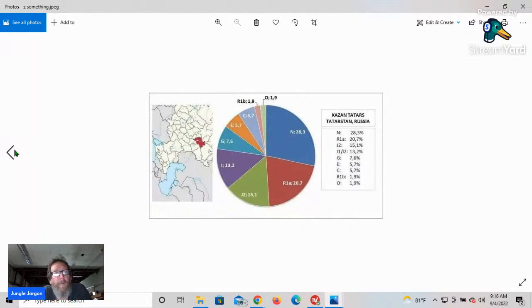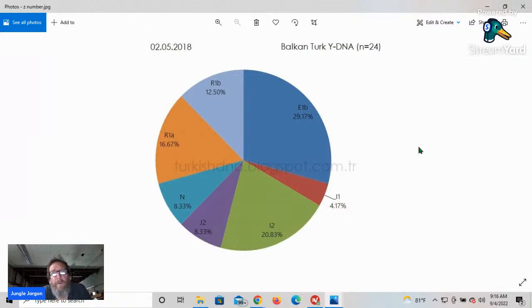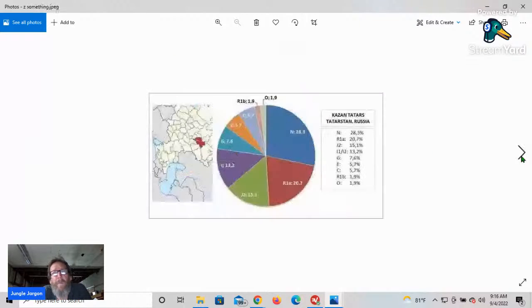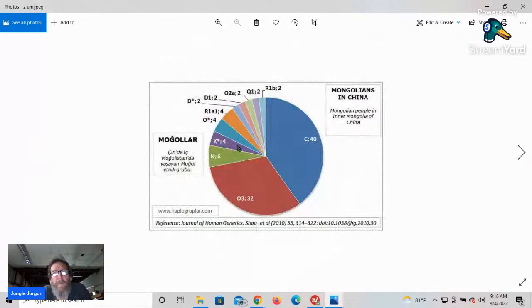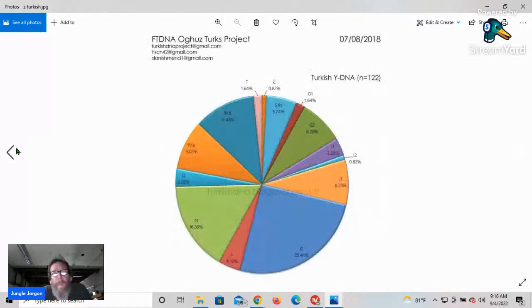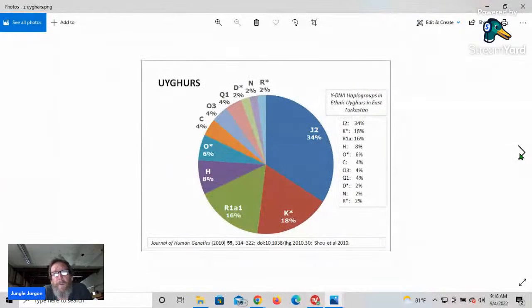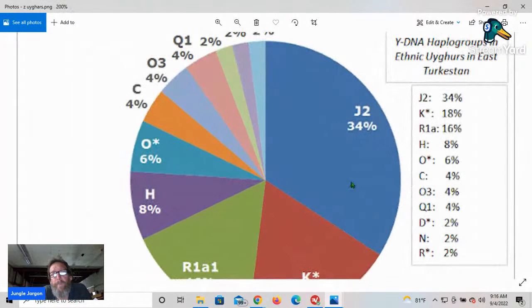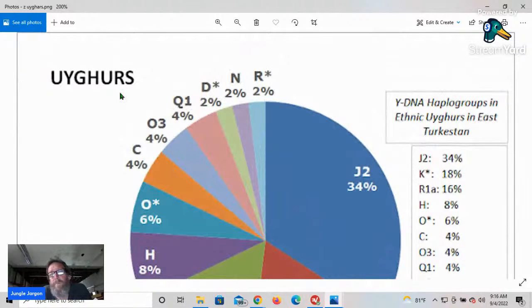Okay, what am I looking for again? The Uyghurs? No, I'm looking for gypsies. I don't know if I got gypsies. Mongolians. Turks. Uyghurs. Here's the Uyghur population. The Uyghurs, of course, are along the Silk Road. The same way that the Judaic population went up the Rhine River, they also traveled down the Silk Road.